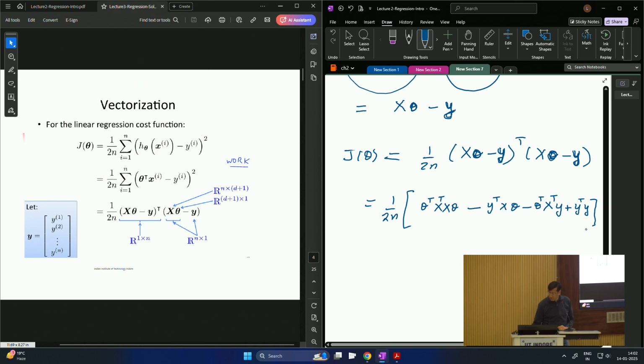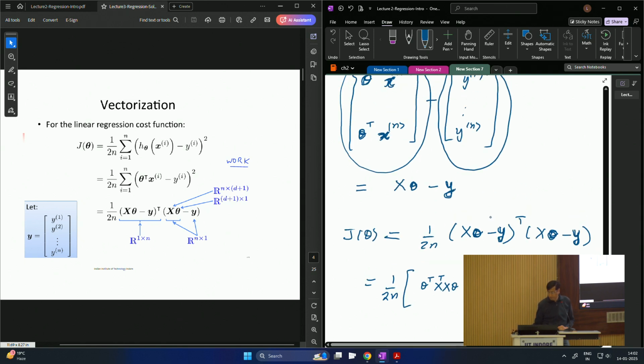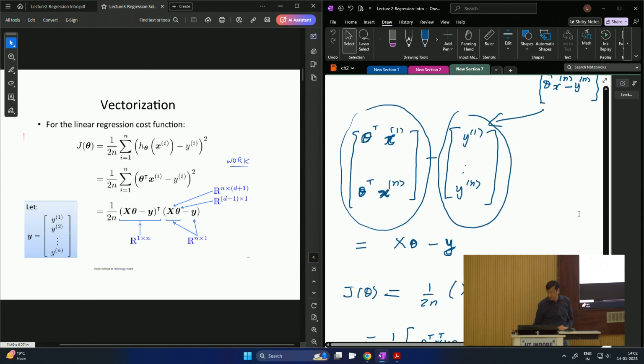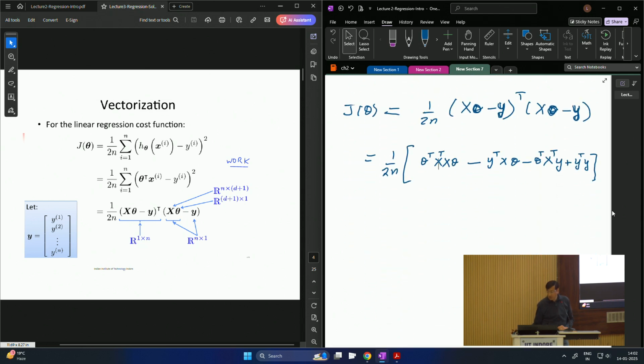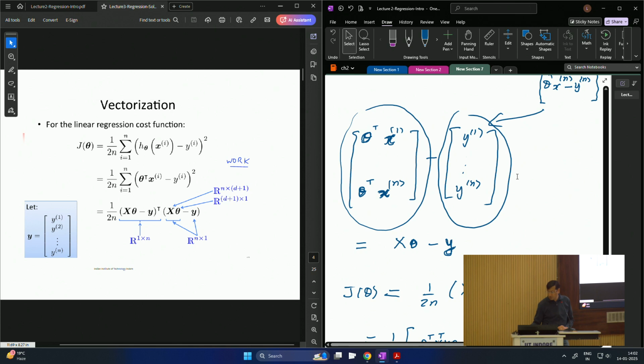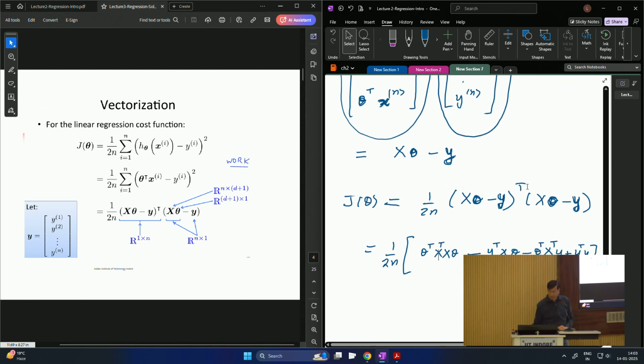So now what we'll do is, first tell me what are these. This can be written as, first of all, what's the dimension of y? y is n cross 1, correct? So y transpose is 1 cross n.